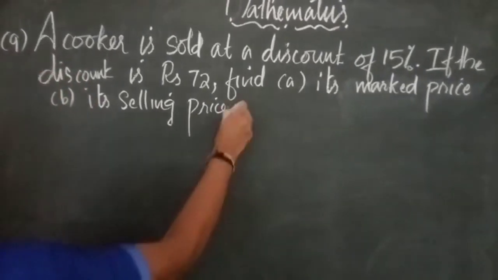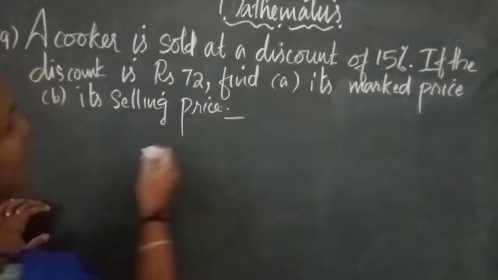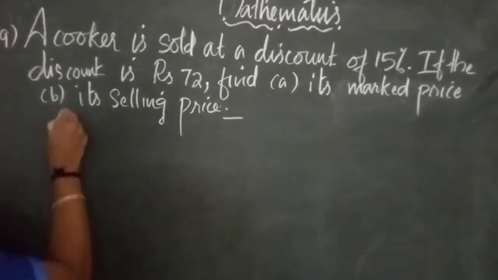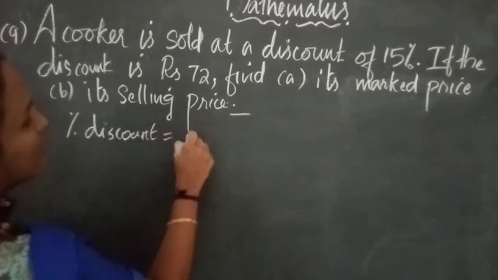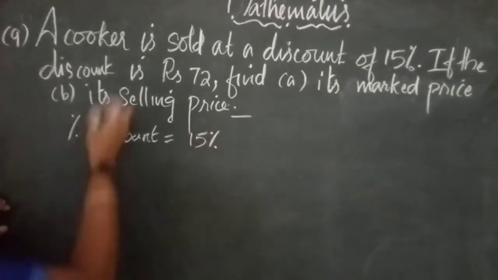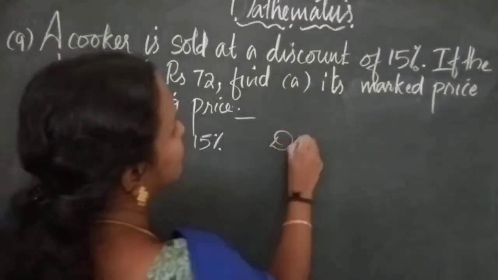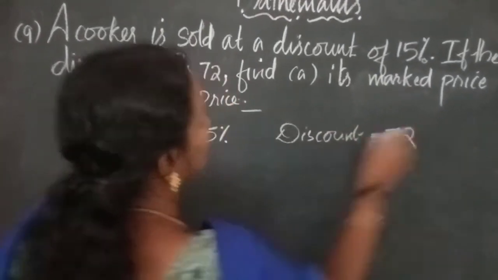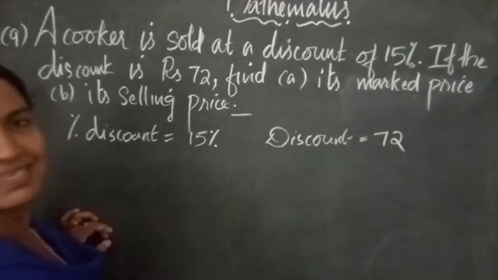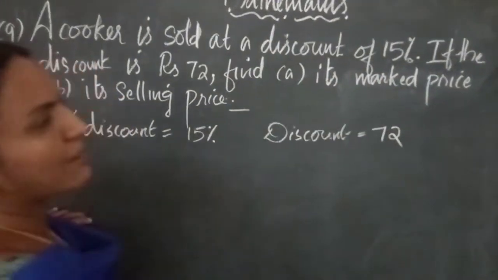So what is given? Discount of 15%. So percentage discount is equal to 15%, and discount is equal to 72. So percentage discount and discount are given. You have to find market price.